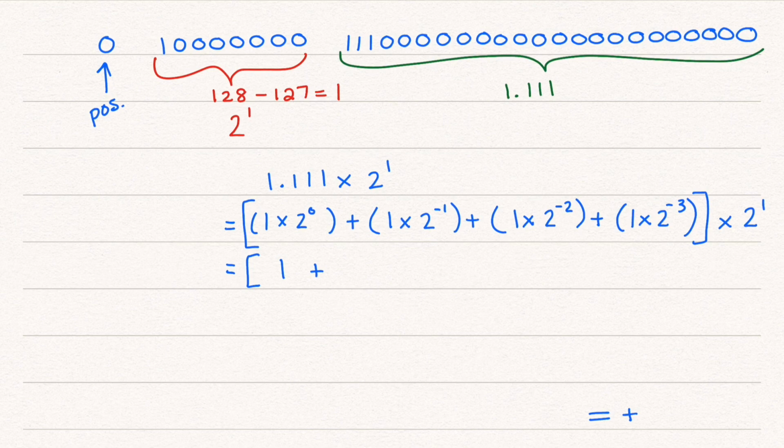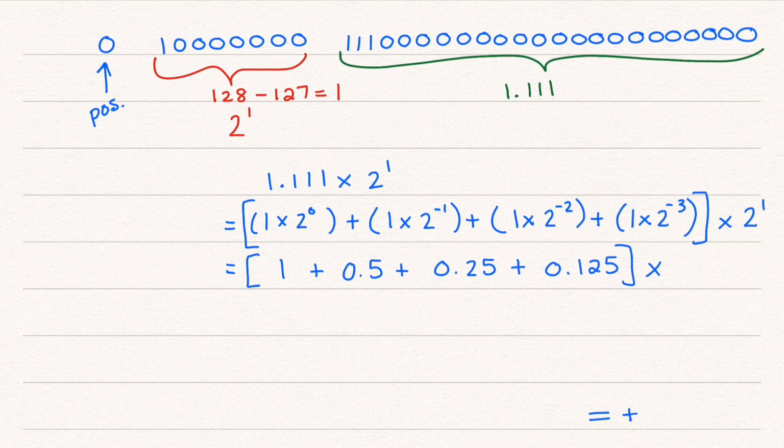1 times 2 to the power of negative 1 is the same as 0.5. 1 times 2 to the power of negative 2 is 0.25. And 1 times 2 to the power of negative 3 is 0.125.